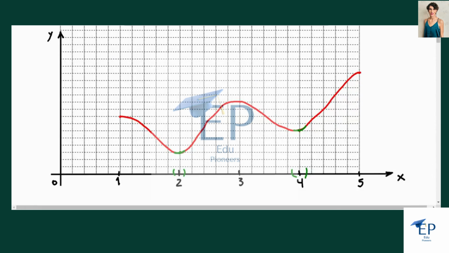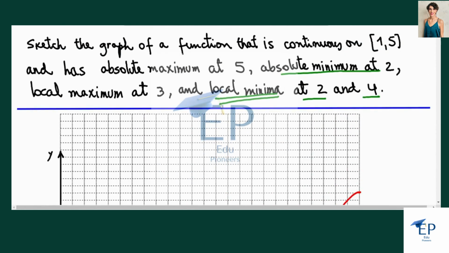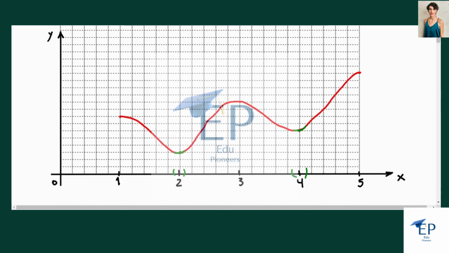Now we have a local maximum at 3, and that's the case because at 3 we have this point, and if we look around that point, that is the highest value when we look around, or near the value 3.